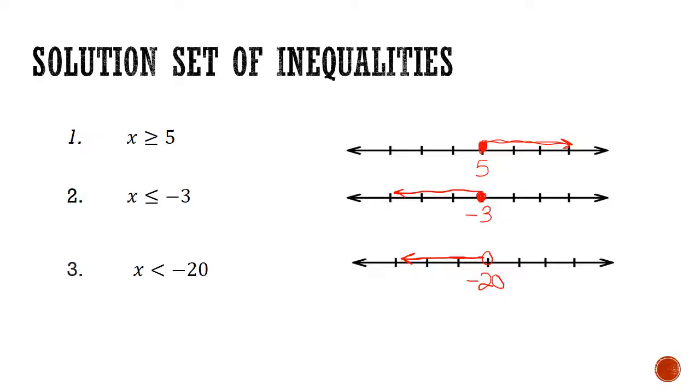Next example, we have x is greater than 1/2. So again, I'm going to represent 1/2 here in the middle. 1/2 is not included in the solution set, that's why I'm going to have an open circle. But the solution set includes every single number greater than 1/2, so I'm going to shade to the right.